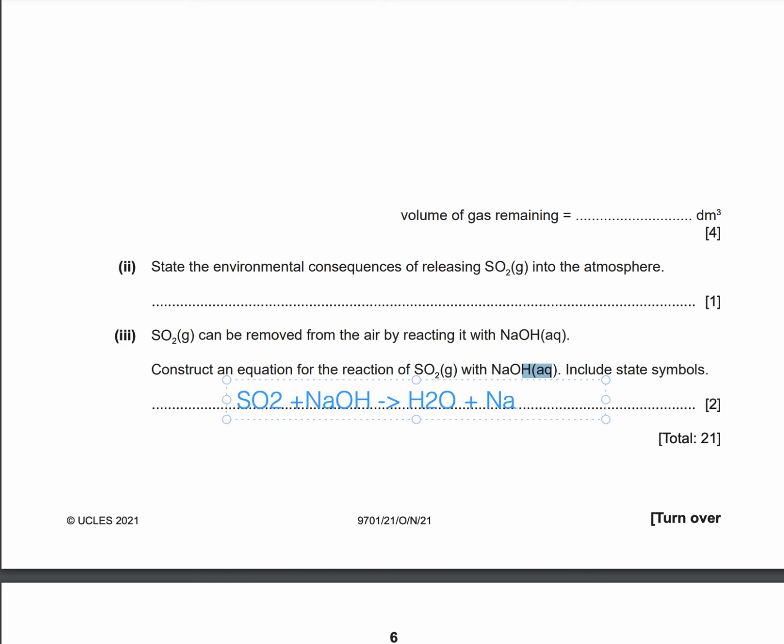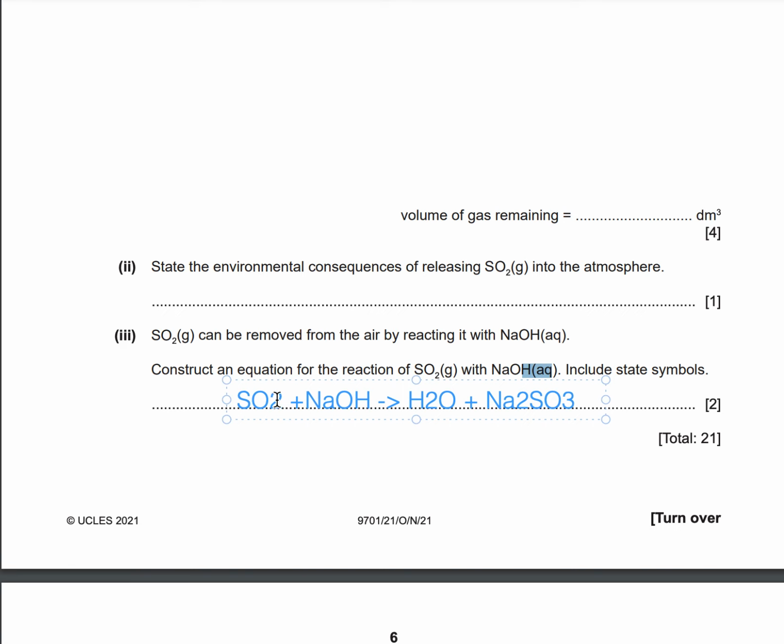Na is left, sulfur is left, and oxygen is also left, right? There are only two oxygens, but we know there's a compound with the formula Na2SO3. That's sodium sulfite. Silicate is with silicon. Sorry, I confused the two.